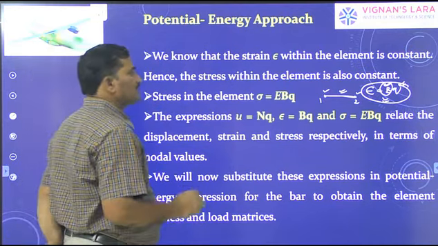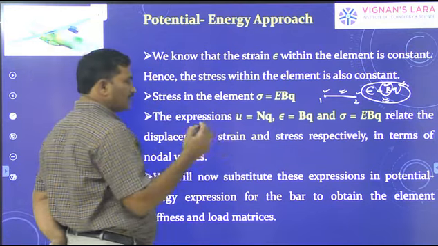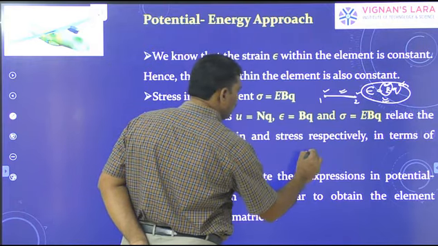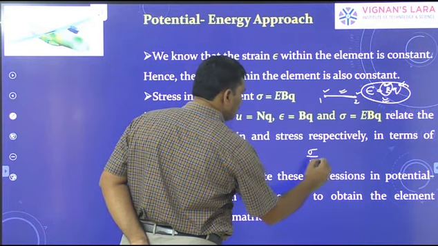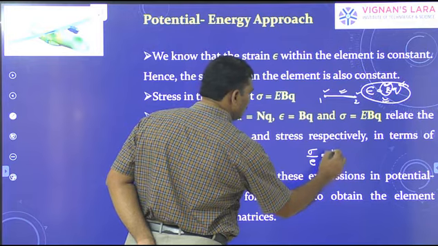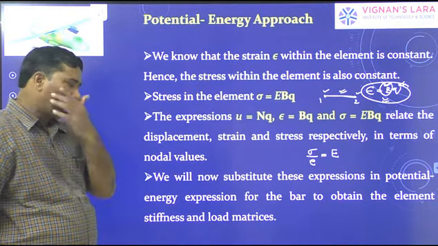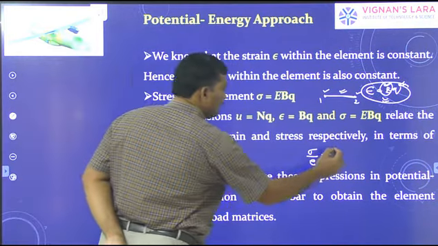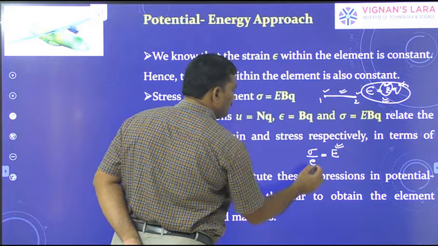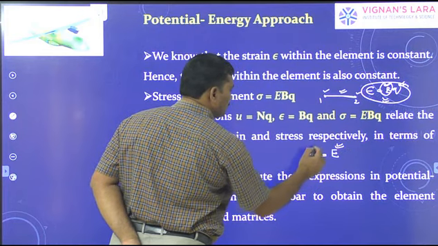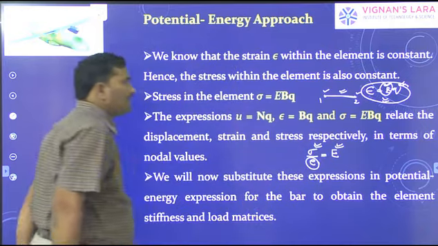When strain is constant, stress is also constant. The reason is, for all the one-dimensional problems, stress by strain equals Young's modulus. For a known material, E is constant and strain is also constant, therefore stress is constant.